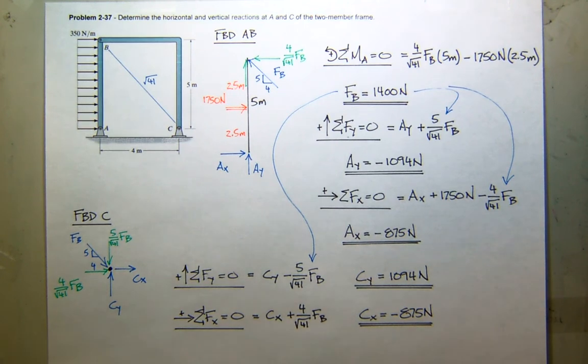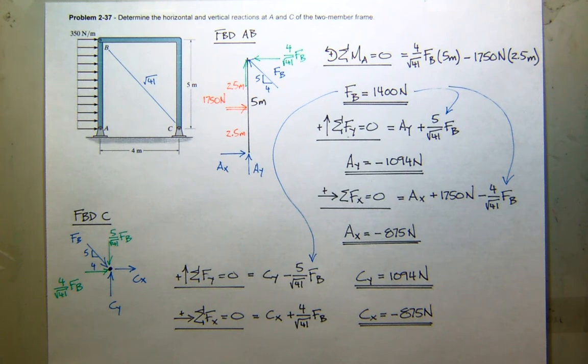Yes? What about if you look at the body as a whole and then there are 2 unknowns at A, 2 unknowns at C, if you take one at like AX and CX, right, same direction, and then if you drew a free body diagram for the whole structure and you summed moments about A, you would find CY. Yeah, is it okay to do that? And then you could, well, here's the problem. Then you sum forces in the Y direction, you get AY. What happens when you sum forces in the X direction? What do you get?